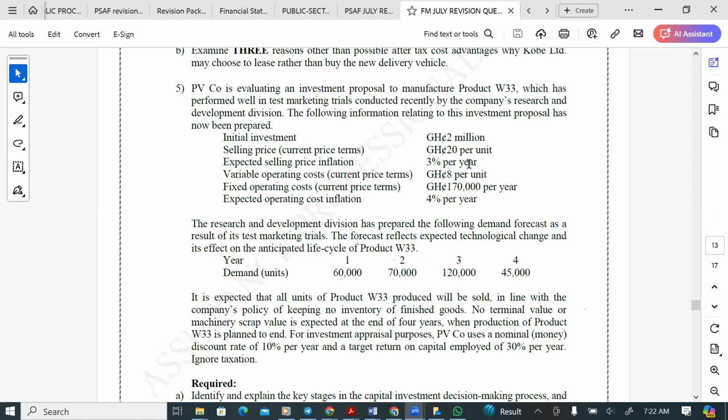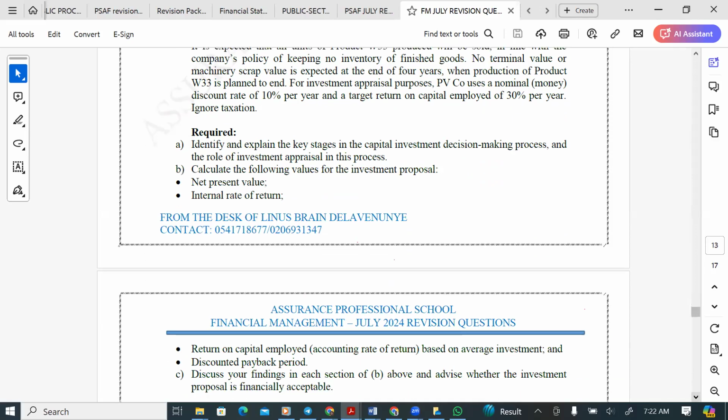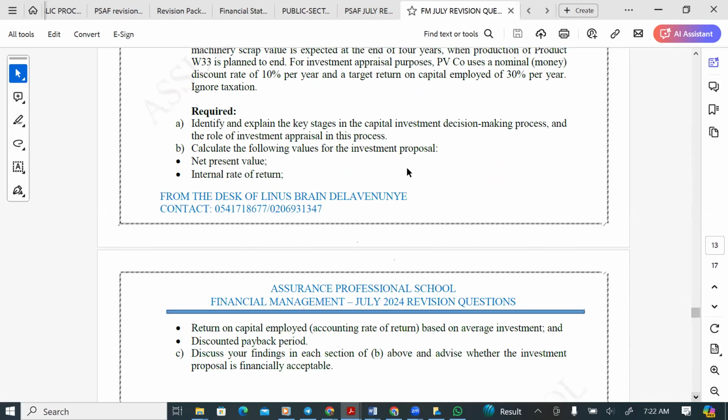I'm telling Benjamin that the discount rate you're supposed to use is 10%. Okay. So the 30% is for what? The 30% is for the target return on capital employed. Okay. Thank you.